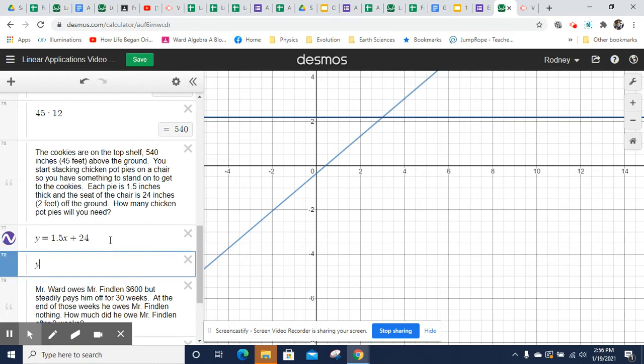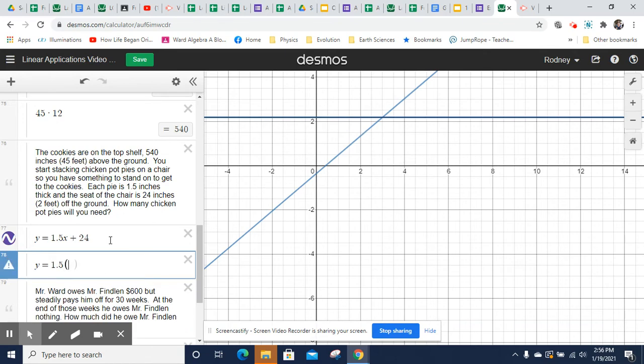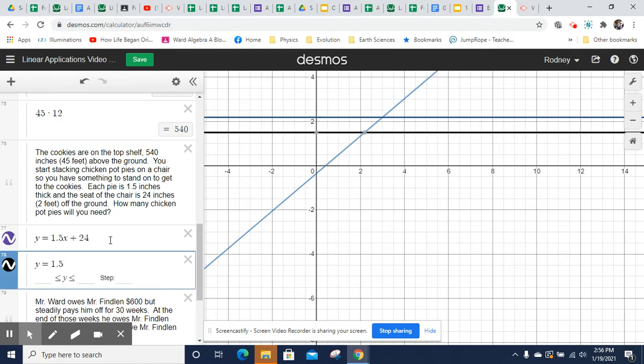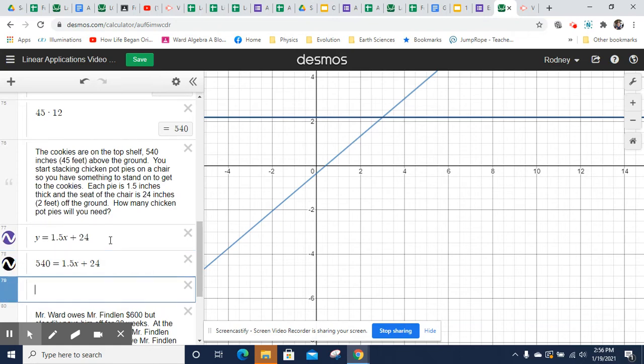we can work that out by saying y equals 1.5x, and then we'll plug in. Actually, let me back up. So y is actually the height. So we need 540 inches of height, equals 1.5x plus 24. So we just need to solve for x at this point. So we subtract 24 from both sides.